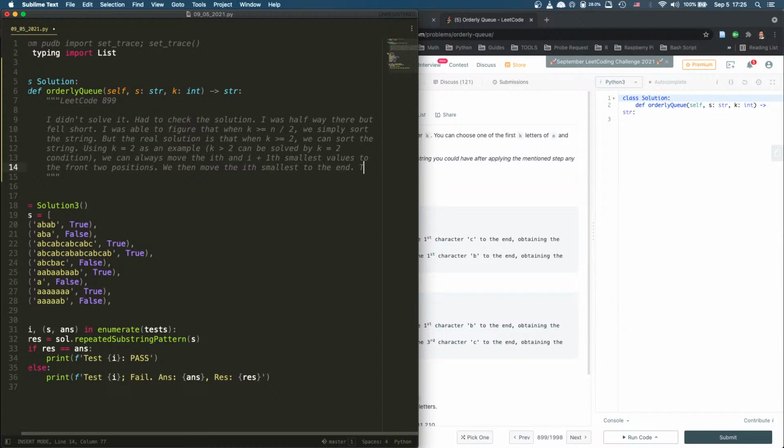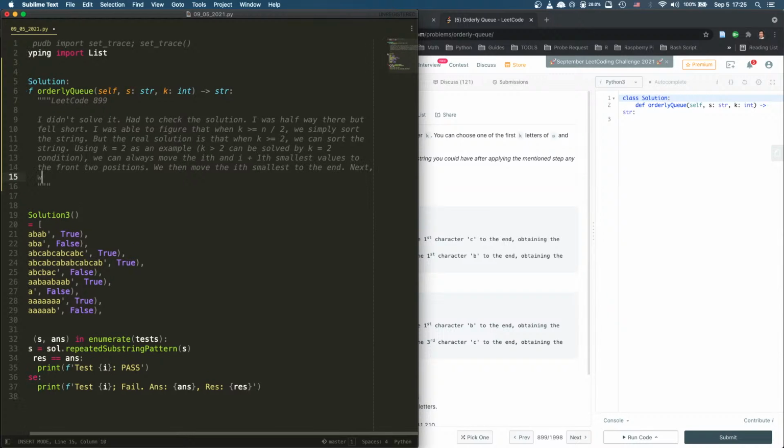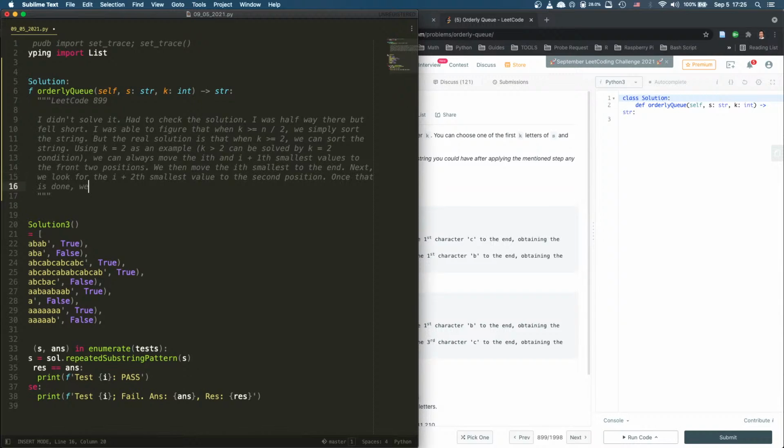Next we look for the i plus 2 smallest value for the second position. Once that is done, we move the i plus 1 smallest to the end. We keep doing this.